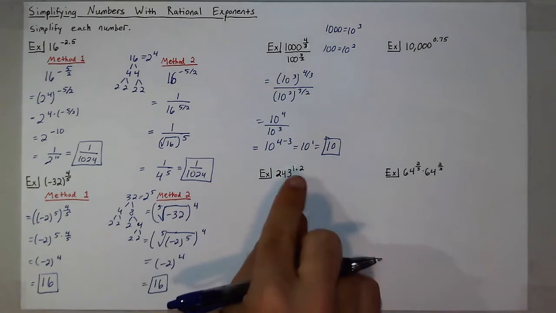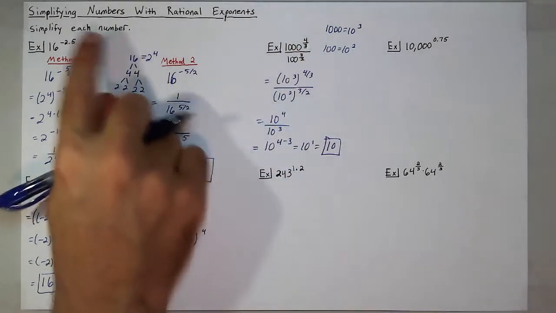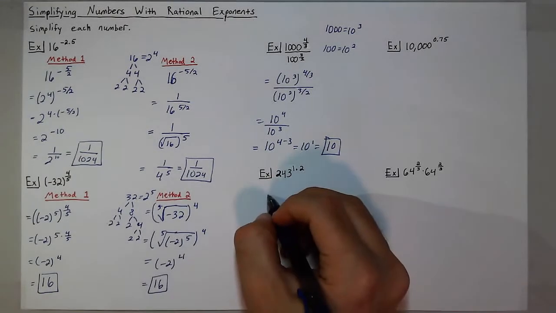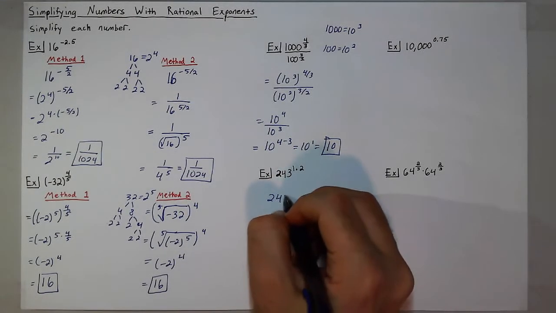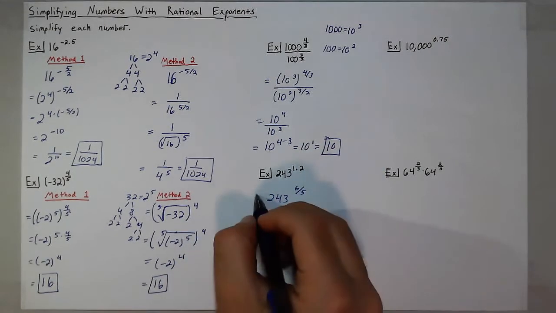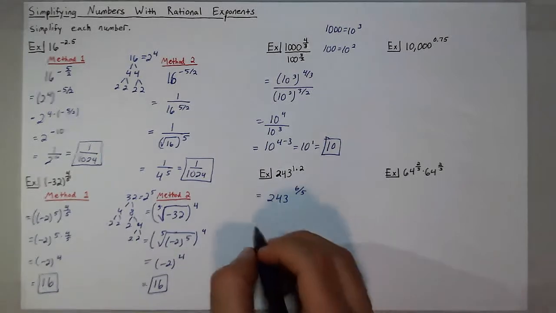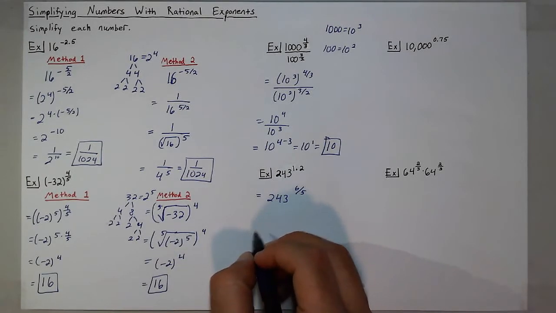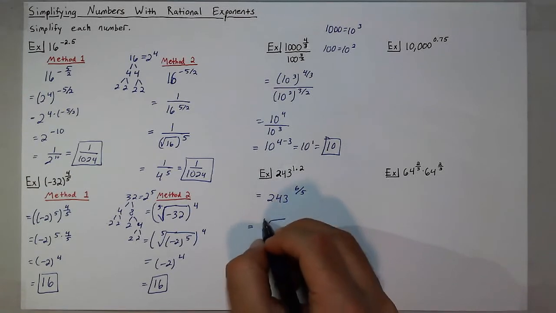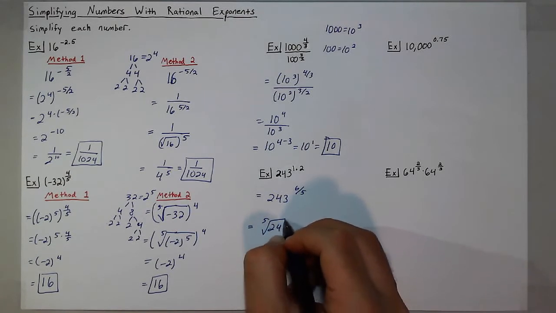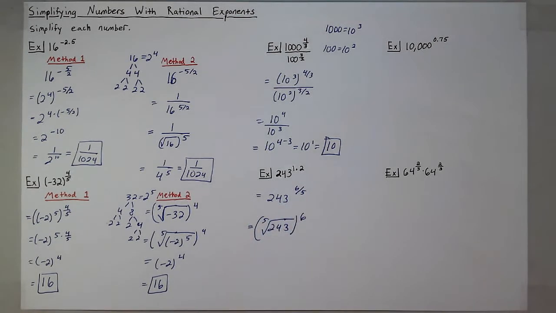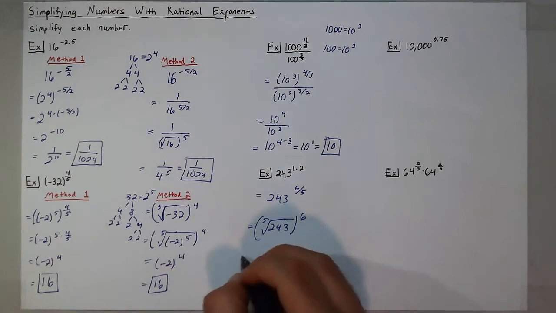Now let's say your power isn't in that fraction form, like you saw earlier. We just need to change it to a fraction. So 243 to the 6/5 power is the same as 243 to the 1.2. This time I'll use the radical form. I'll take the 5th root of 243, and then I'll raise that to the 6th power. Now, 243 is 3 to the 5th.